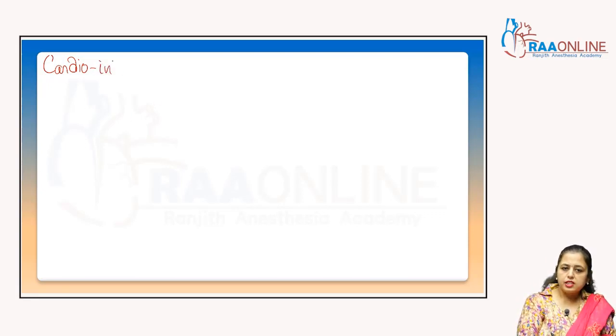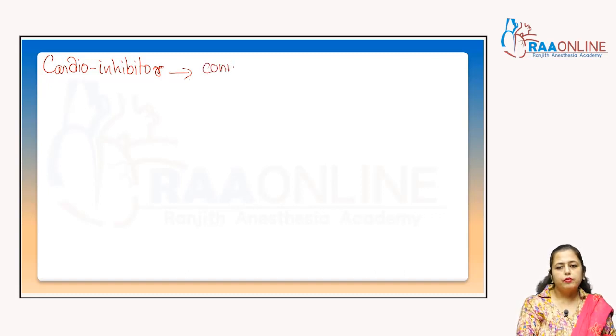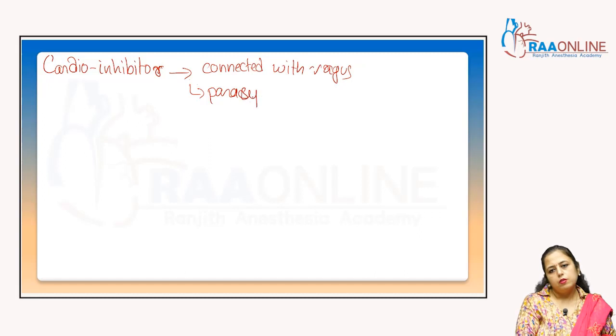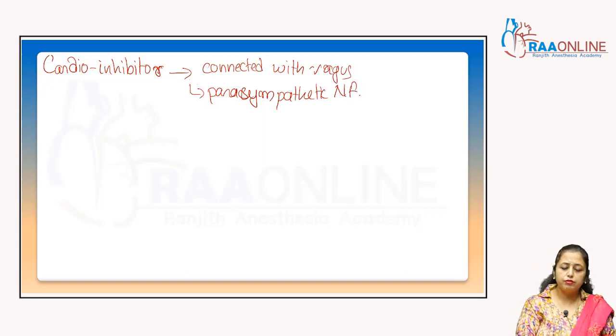That cardio inhibitor is connected with the vagus nerve, which carries the parasympathetic nerve fibers, right?